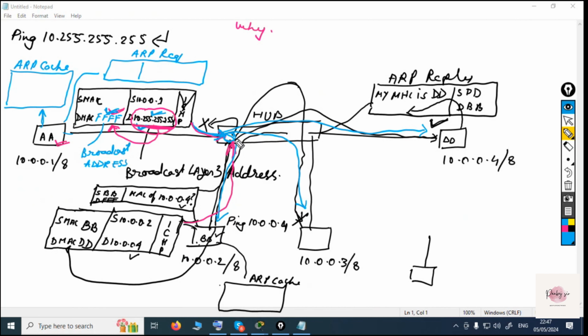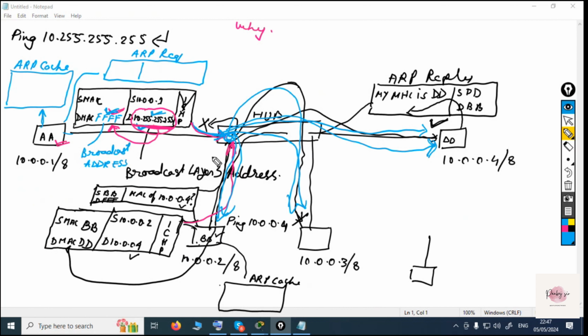So what will this device do? It will send this data to all the devices, thinking that whoever needs this data will accept it and others will ignore it.